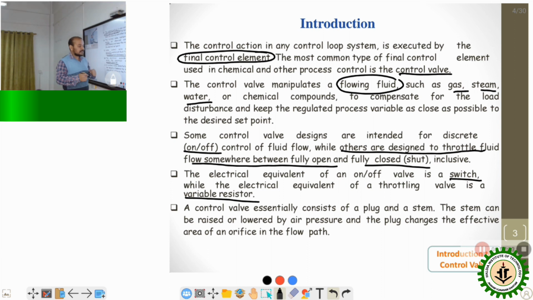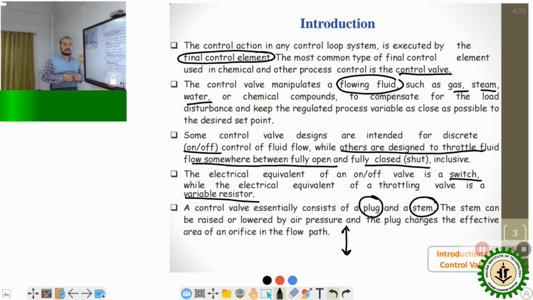A control valve essentially consists of two major parts, the plug and the stem. The motion of the plug and the stem is utilized to make the control valve open and close. The stem can be raised or lowered by air pressure.